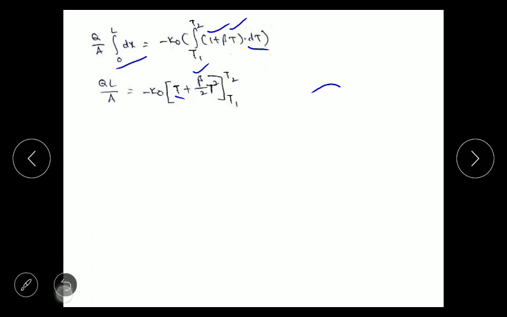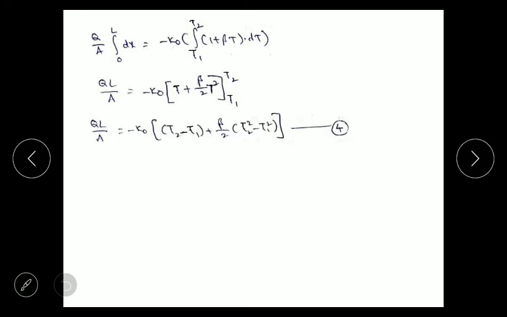Let us apply the upper limit and lower limit for the integration. K naught into t will become t2 minus t1. Here also t square will become t2 square minus t1 square.